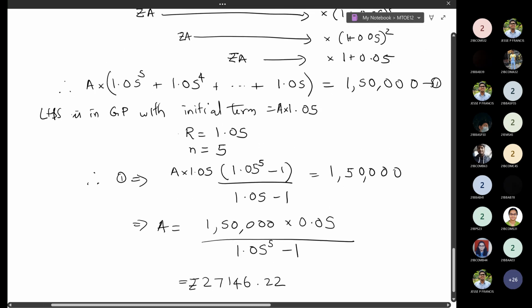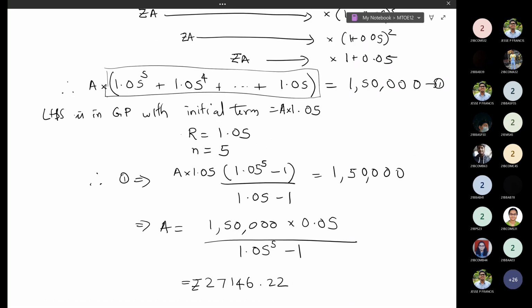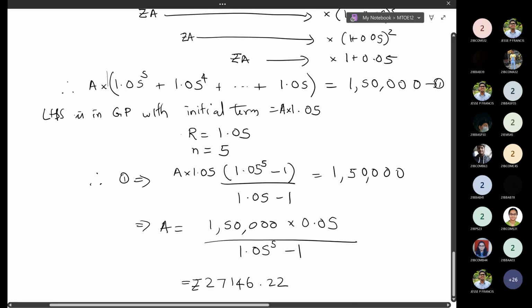If you are just considering this as your geometric progression, you have to do A into whatever is the ratio that you are dealing with. Then again, it will be A into 1.05 into 1.05 to the power 5 minus 1 by 1.05 minus 1.